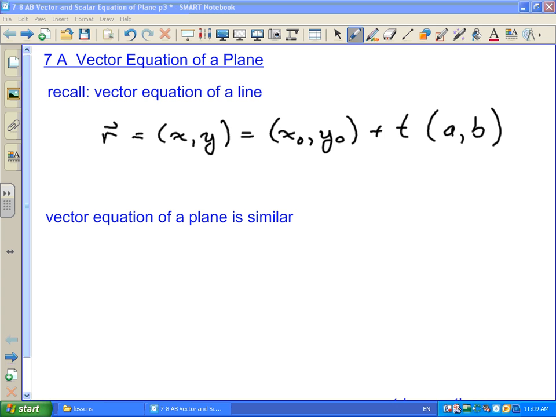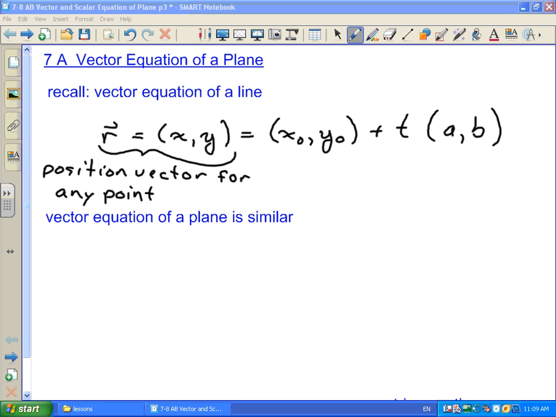And r, or (x, y), was, we'll call it, the position vector for any point on the line. So no matter what point we were looking for on the line, we could represent that point by using a position vector from the origin to that particular point.